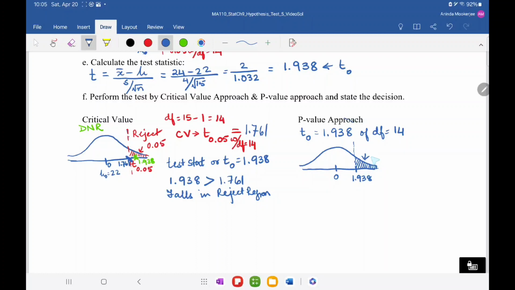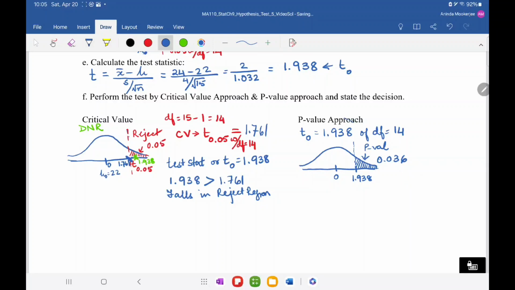So this area is what we are finding. That's a region of interest. If you're using a graphing calculator with a statistical package in it, you will find that this p-value is 0.036, the exact value from the calculator.